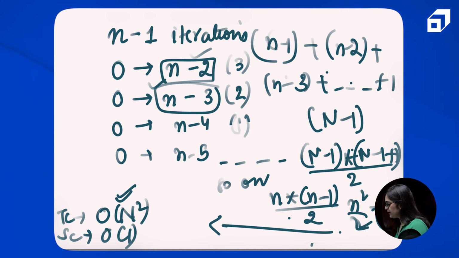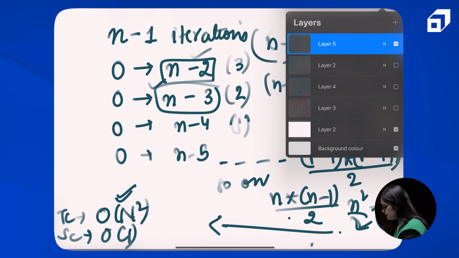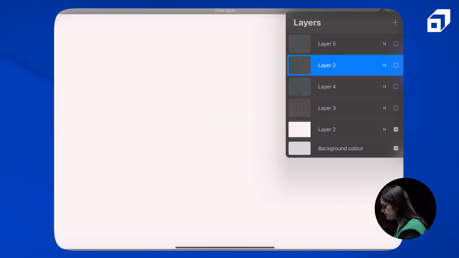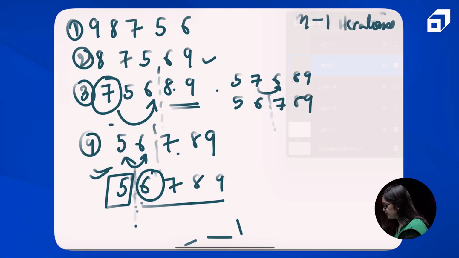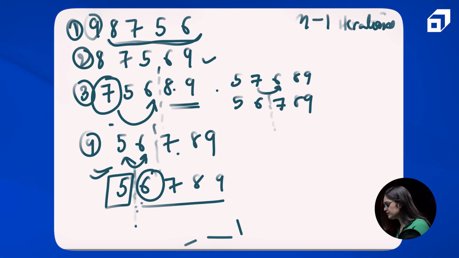So by stable, what I mean is, we were having our elements as 9, 8, 7, 5, 6, right? So when we were making our first set of comparisons, when we were trying to put 9 at the right place, we were swapping it with 8, 7, 5, and 6. In this comparison, the relative order of the elements was maintained. 8, 7, 5, and 6, they were in the same order in our second iteration as well.